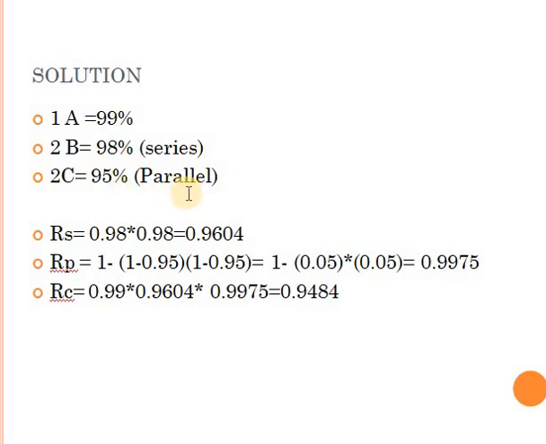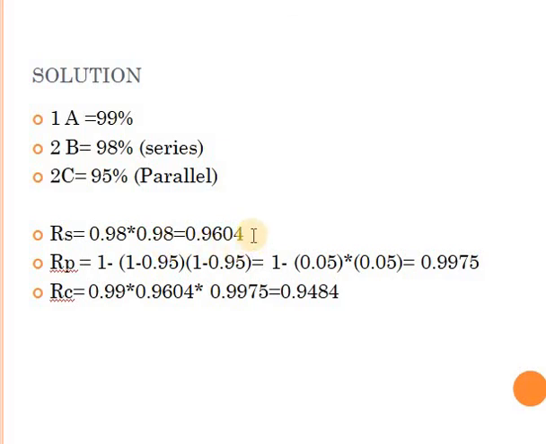So I want to test the reliability of the computer, or the reliability of this combination. With respect to the components of B which are arranged in series, their reliability will be RS. We will represent it with RS. It's related to the series arrangement. It's going to be 0.98 times 0.98, so it's 0.9604.